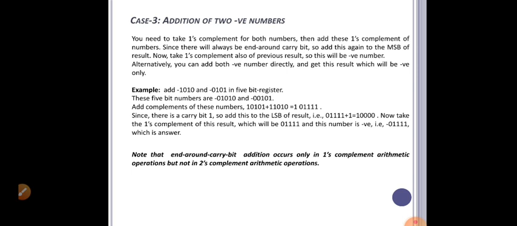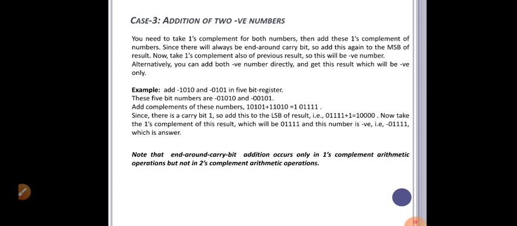Now add complements of these numbers. Whatever the number is, you just do the complement of that, then add this. After adding, you will get the desired result, which is in front of you all.